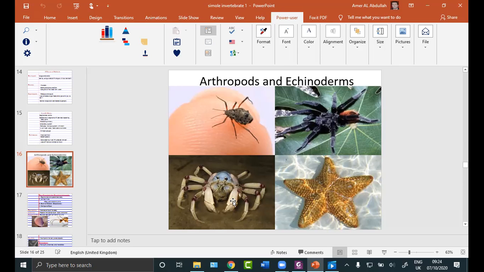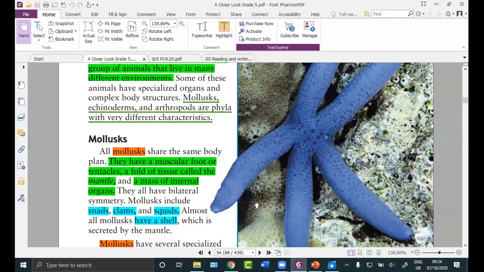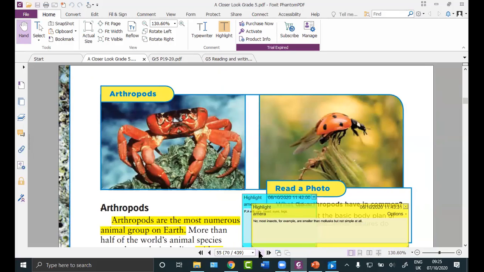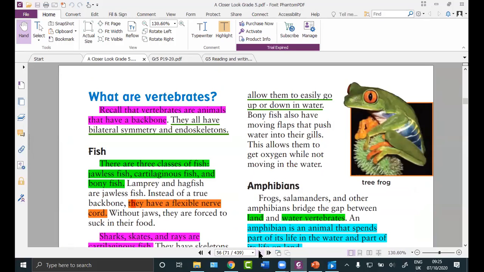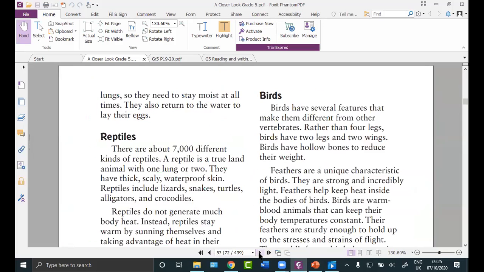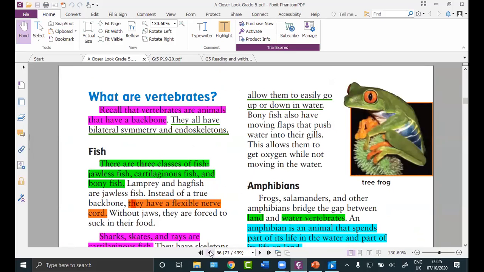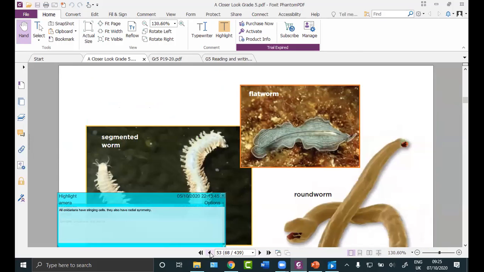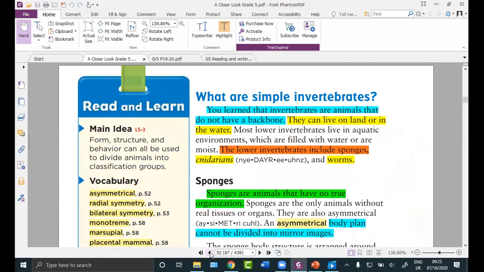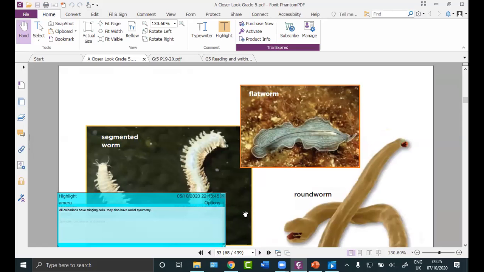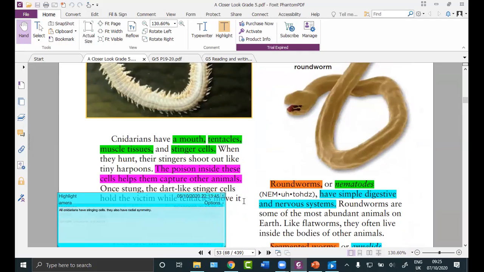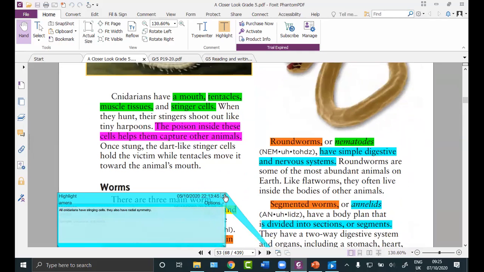Open your book, page 64. Page 63. Is there a problem in the highlight?